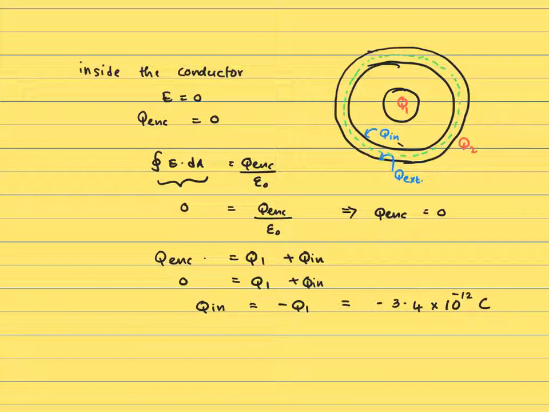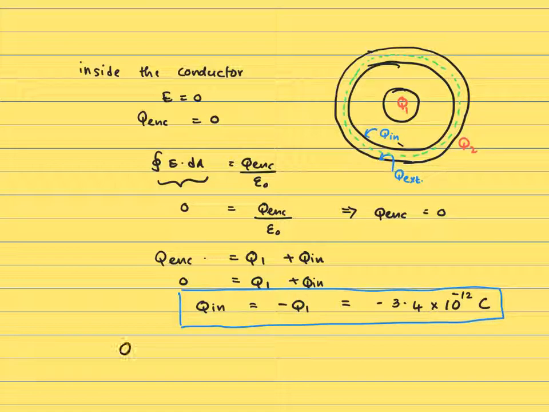I'm going to box this. In order to find the outside, you can actually do the same if you like. So at this point we are now looking at the external charge, and we know that the shell is known to have a total charge of Q2, which equals negative 2 times Q1. This is given in the problem if you go back and read it.